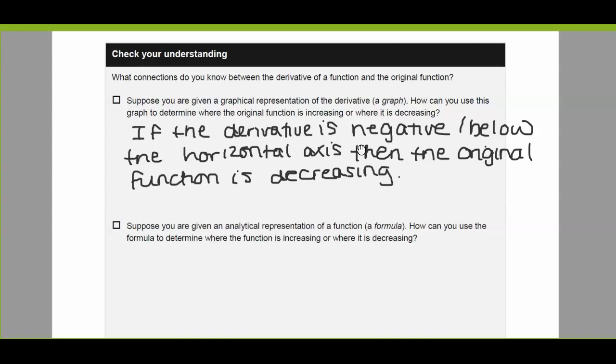And then conversely, and I'm just out of room because we're writing on the iPad, if the derivative is positive or above the horizontal axis, then the original function is increasing.